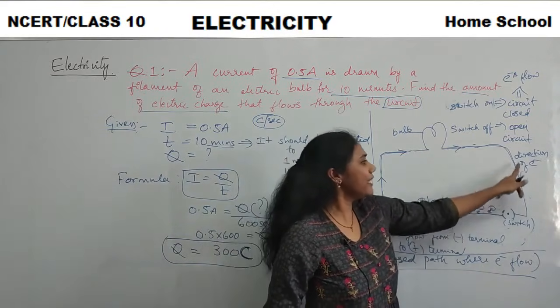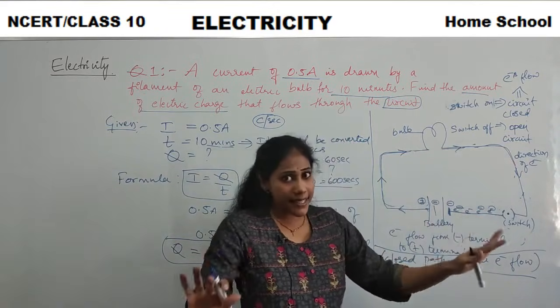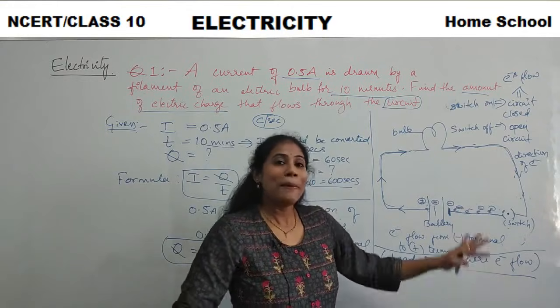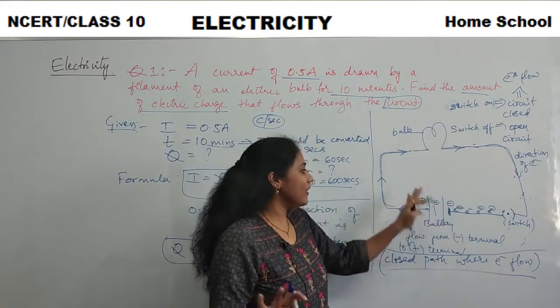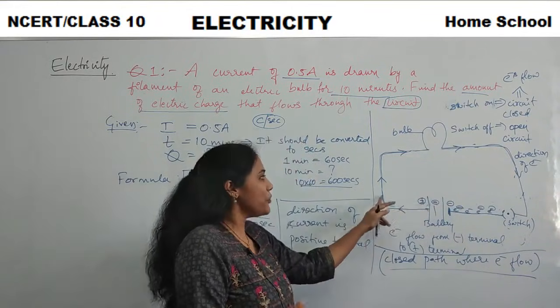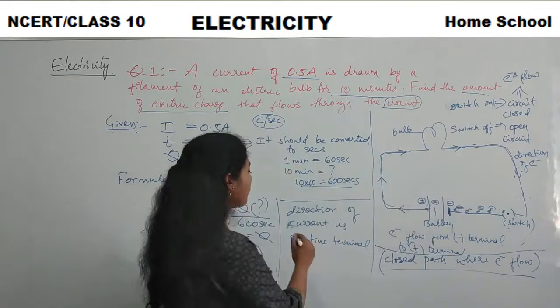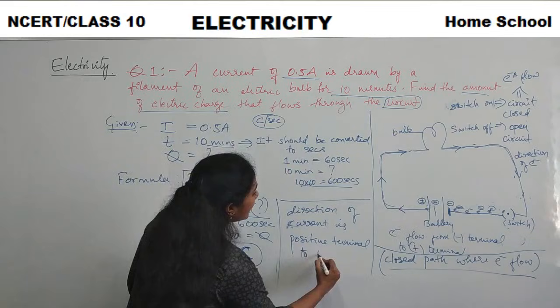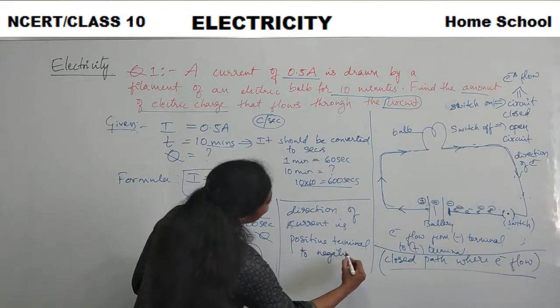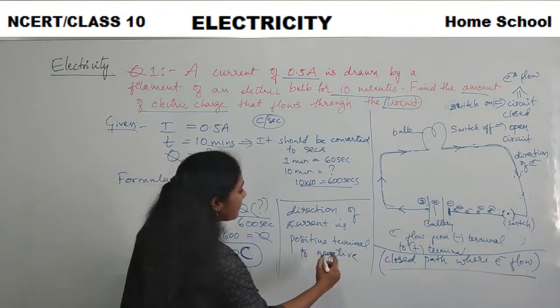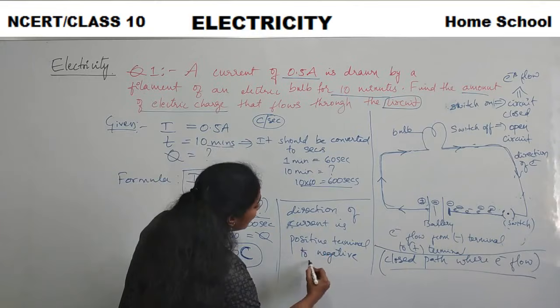So the direction of current produced is actually this way. This is real, guys. But according to older scientists, conventionally, they thought that the flow of positive charges creates electric current. So they gave the direction of current as positive terminal to negative terminal, and that is what we follow even today.